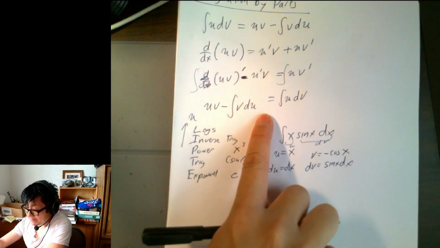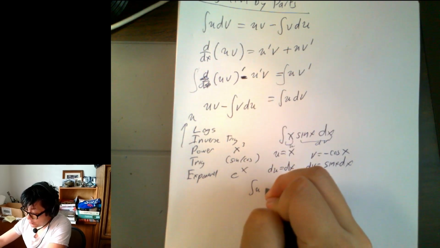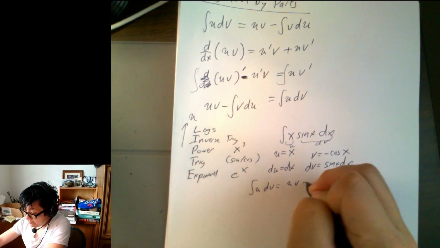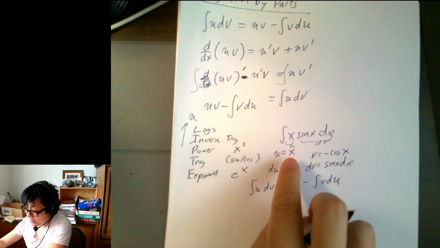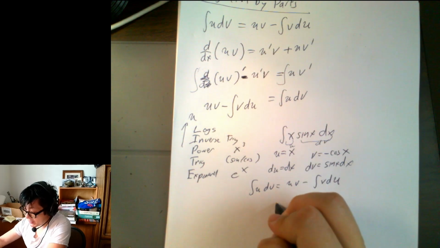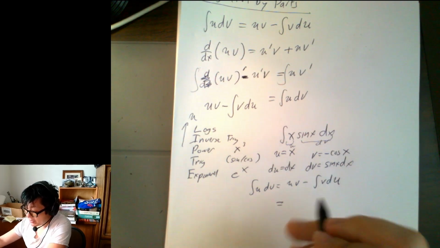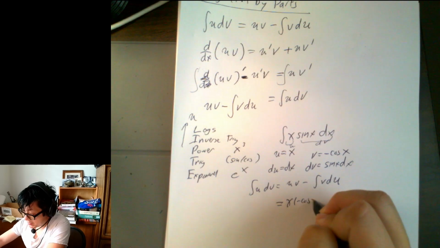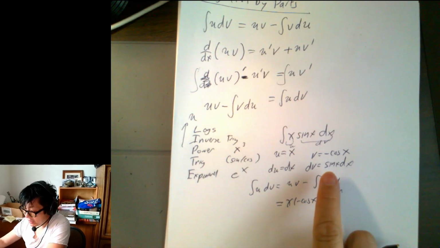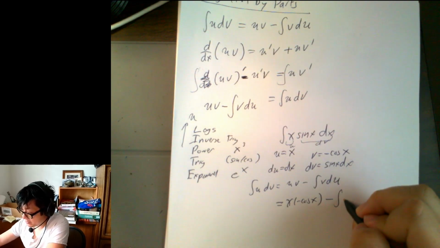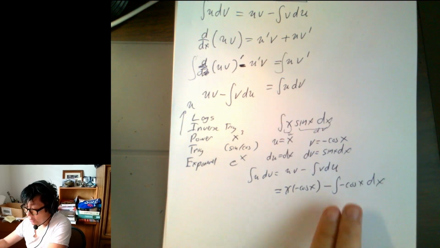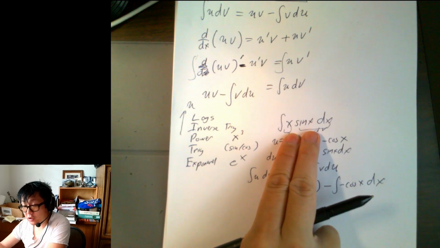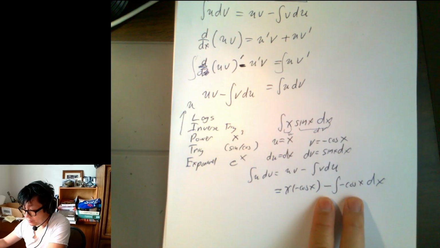Applying this formula, the integral of u dv is uv minus the integral of v du. So the integral of x sine x dx is x times negative cosine x minus the integral of v du. So now I have gone from an integral I can't do to one that I can do.